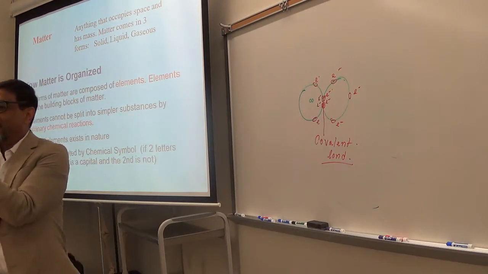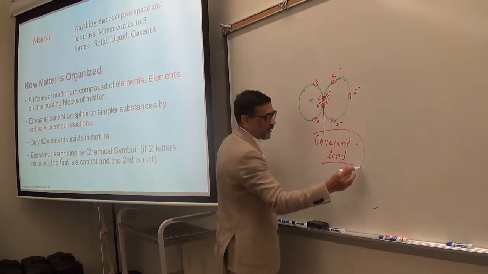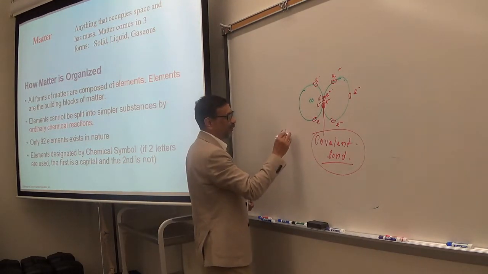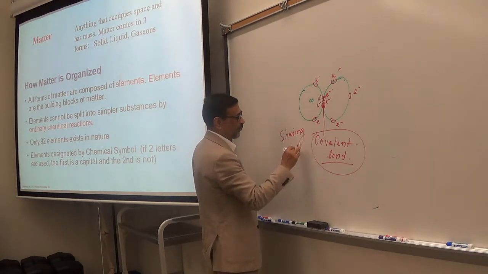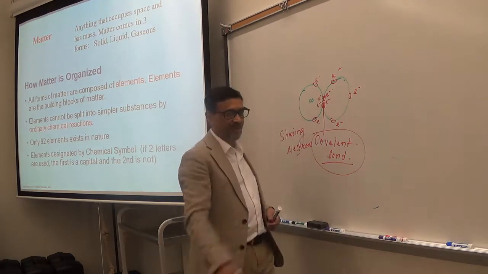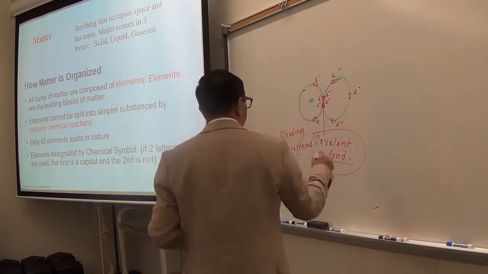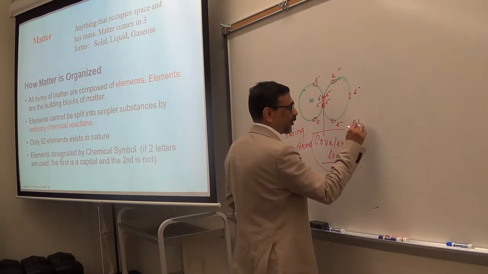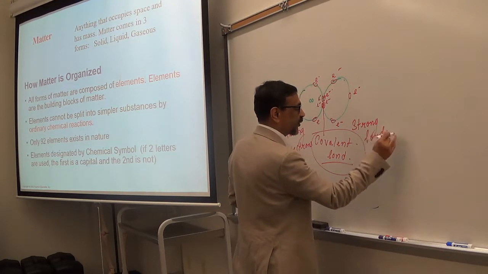So they become part of both, and that is the covalent bond, by sharing some electrons in the valence shell, the outermost shell. This type of bond is very strong. Strong bonds. Okay?